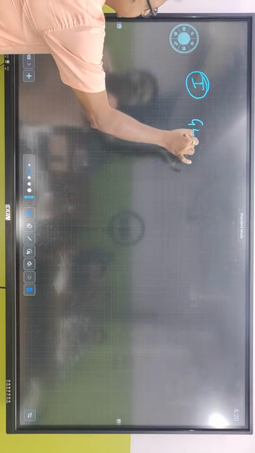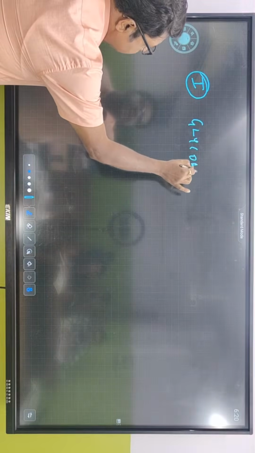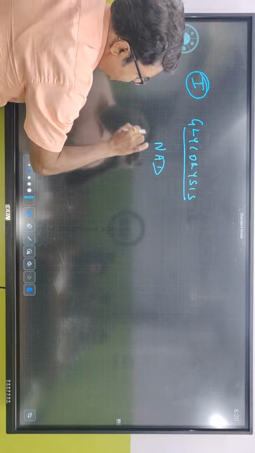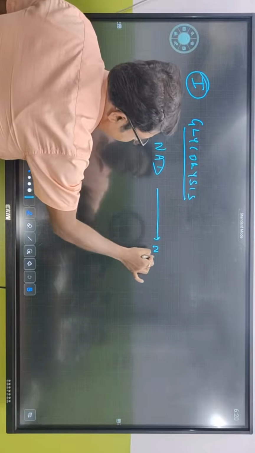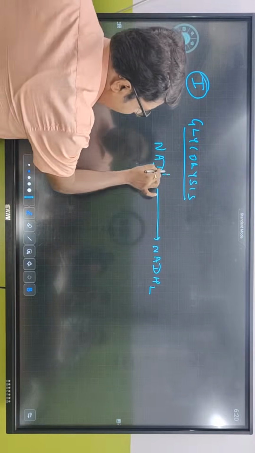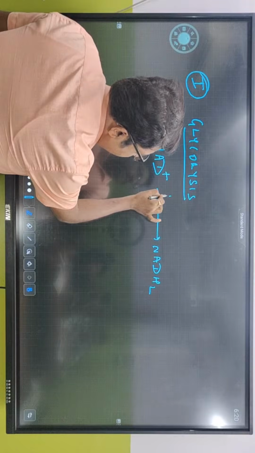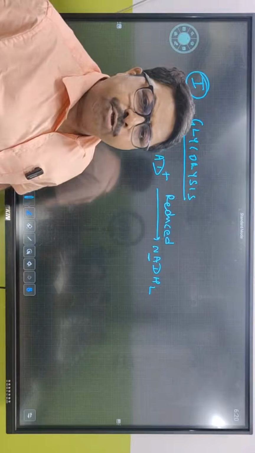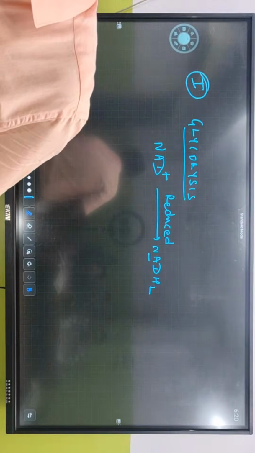In glycolysis, if you remember, NAD has been reduced into NADPH2. This is very very important.